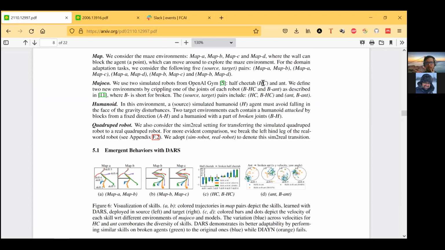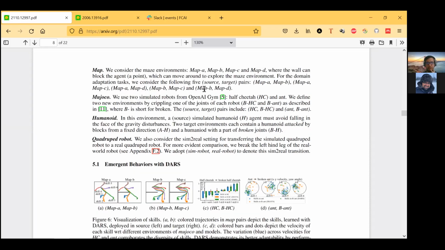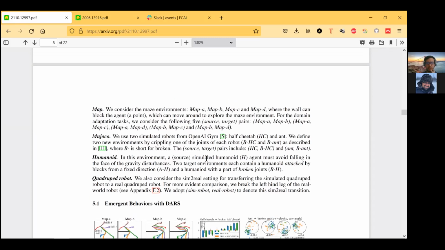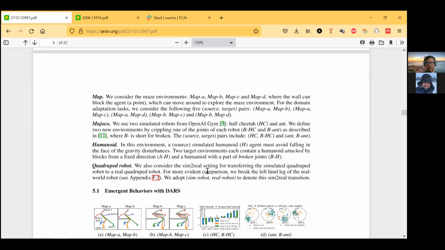They do it for half cheetah and the ants, and I think they do the same also for the humanoids, and for the quadruped it's sim to real.